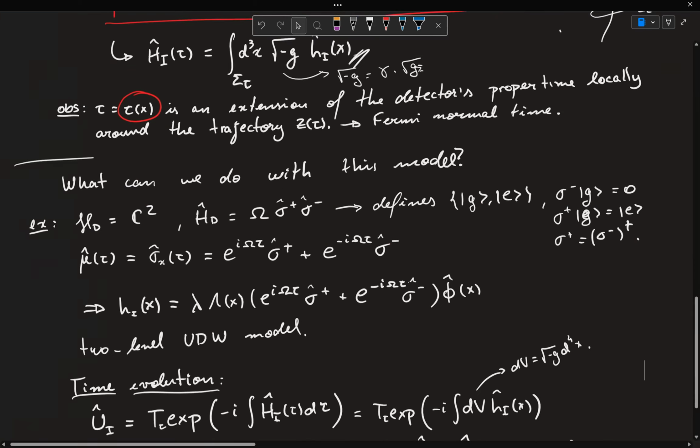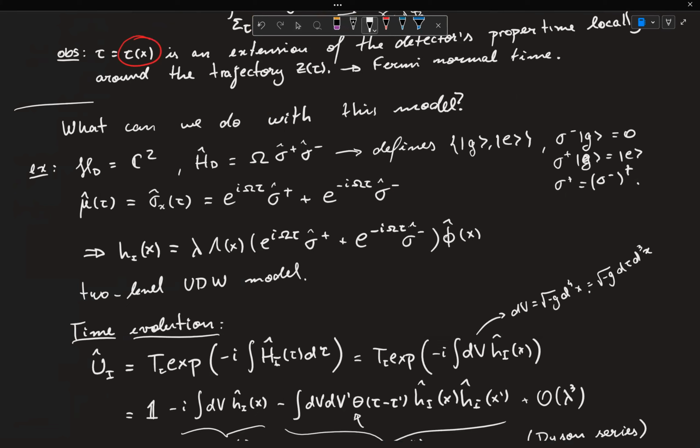But what I'm saying is that if you just substitute there, it will become d3x square root of g d tau and not d4x. Yes, but then you have to translate this d tau into g x0, right? Tau is just the time coordinate.